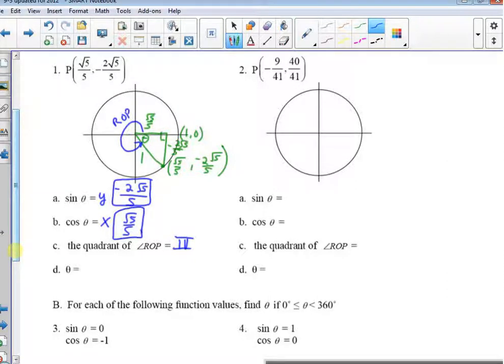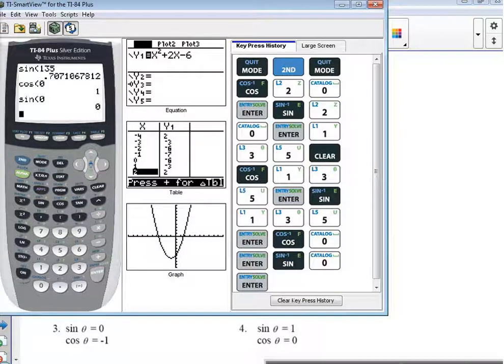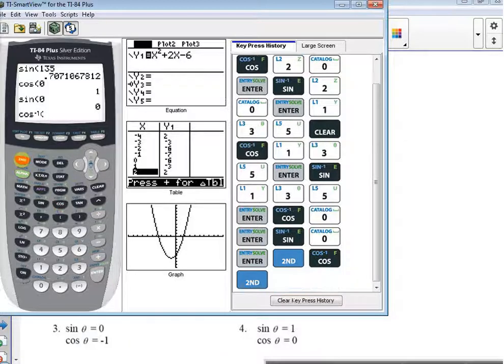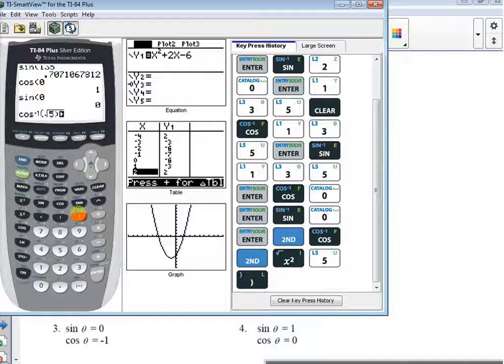And to find theta, we would need our calculator. So I'm going to do second cos of the square root of 5. So we need to end that. Oops, I need to end that correctly.